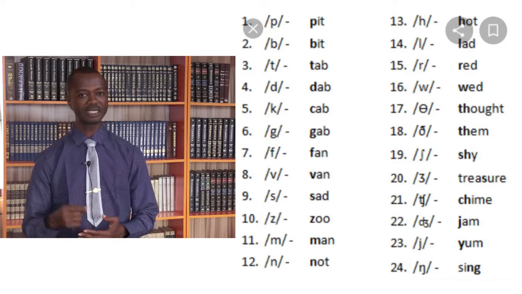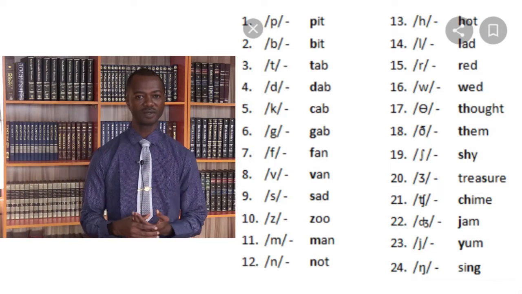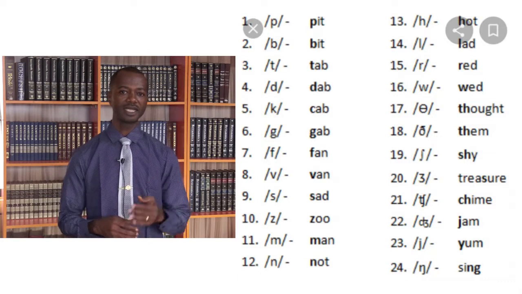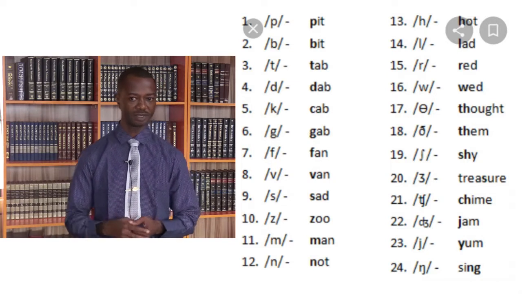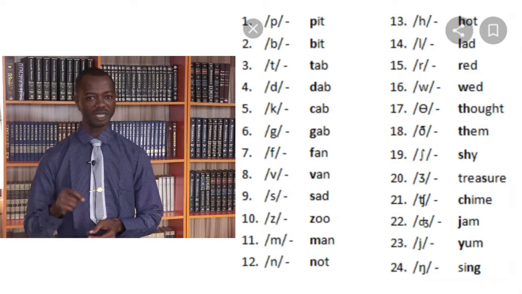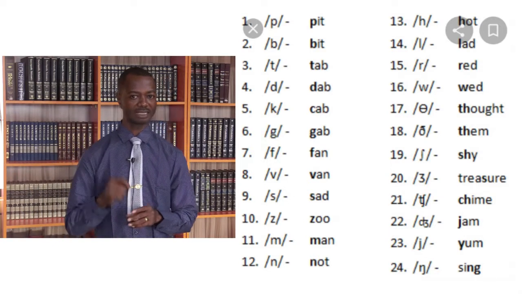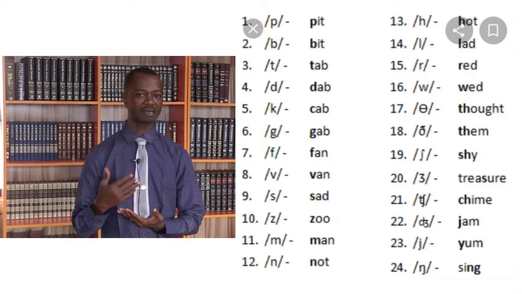Then we have the F sound, like you have in words like fool, father. So in fool and father, the consonant F is at the initial position. But mind you also, the F sound can be realized with two letters. And that brings me to what is called a digraph.